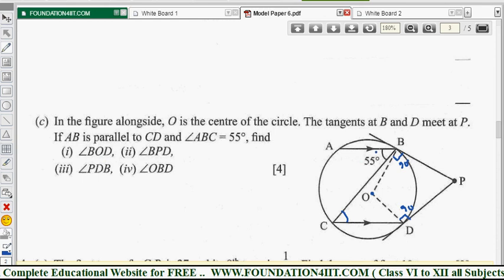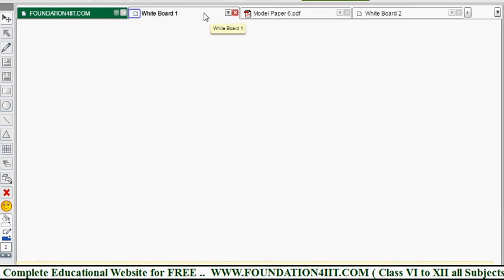Angle BOD, we should find out. Angle BPD. Let's find out each and everything else. Let me take the diagram separately here. So in this, a circle and two tangents.